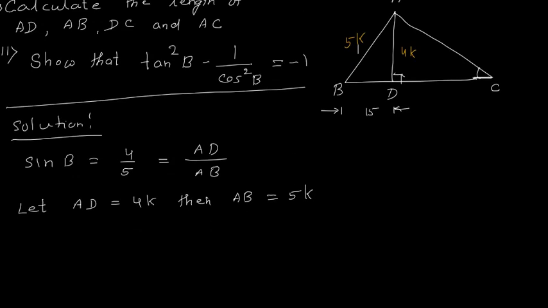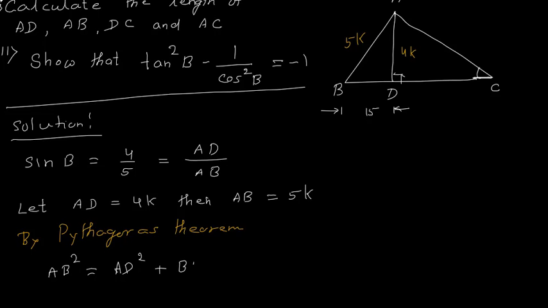Now by Pythagoras theorem, I will say that AB square is equals to AD square plus BD square.